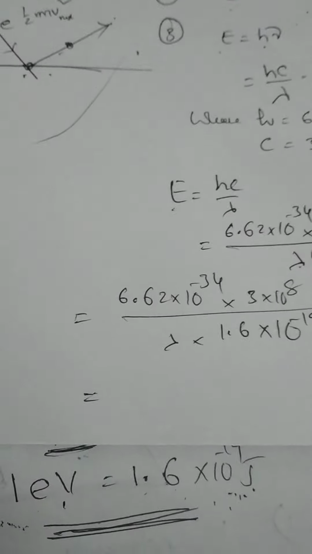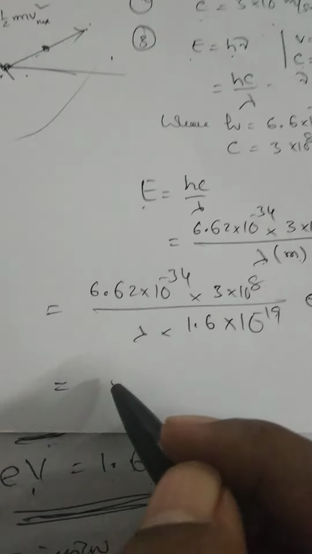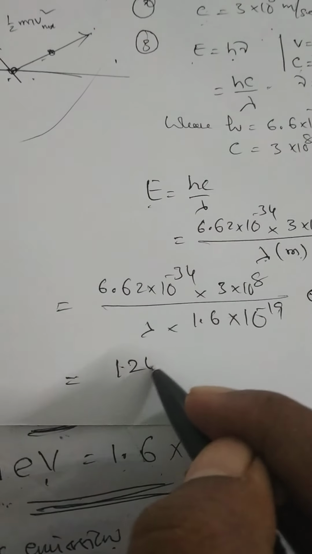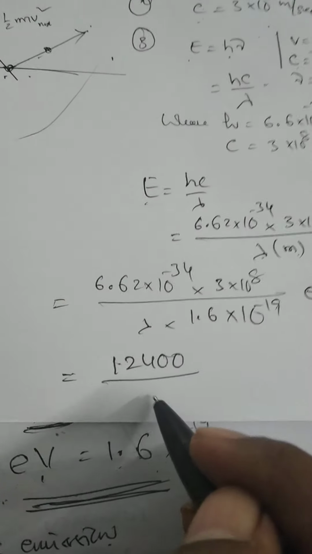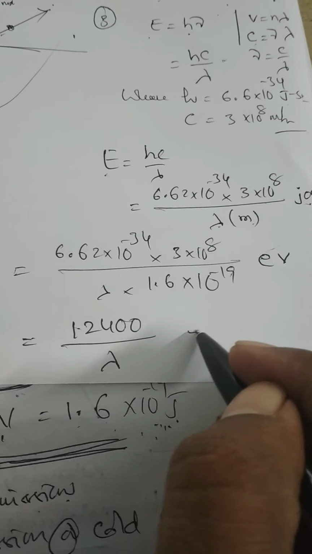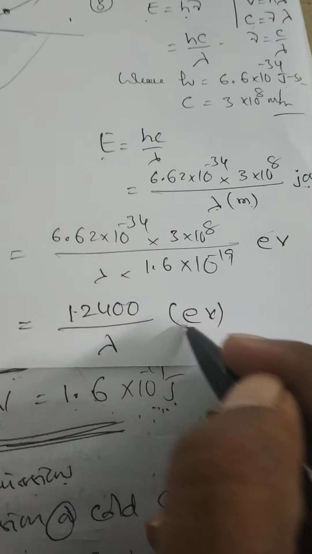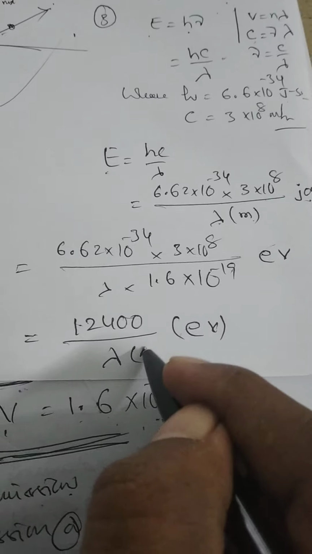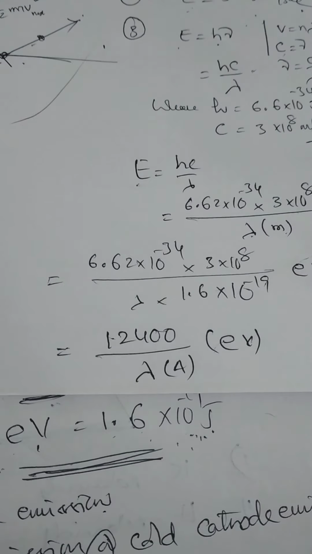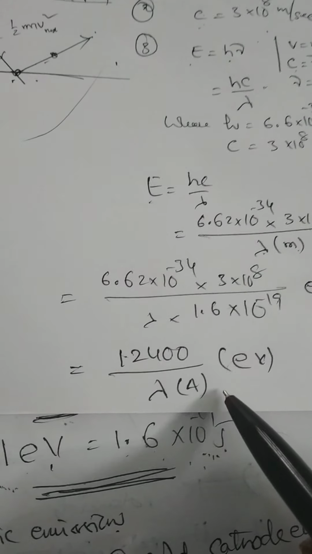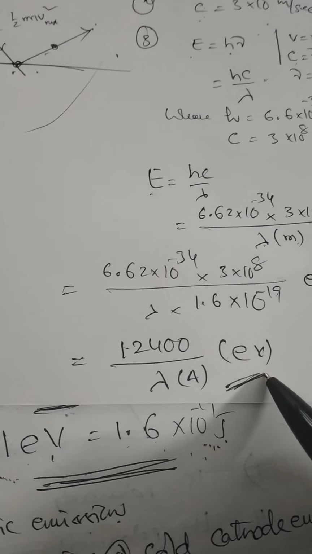By simplifying this, we get approximately 12,400 by lambda electron volts, when lambda is represented in angstrom units. This is a very important relation.